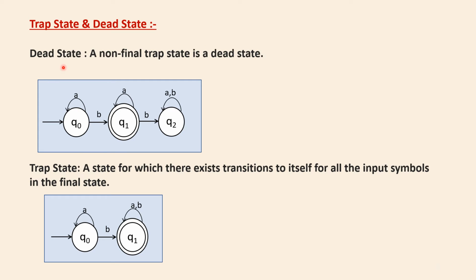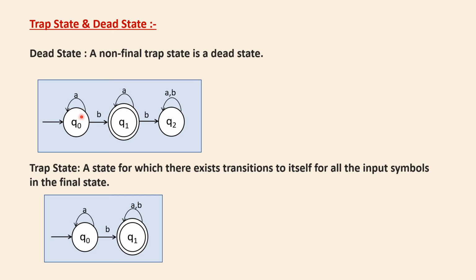Now what is a dead state? If this kind of situation happens to a non-final state, then we call it a dead state. See, in this diagram, we need at least one B to reach Q1, which means if the string has n number of A's, it is in Q0 itself.